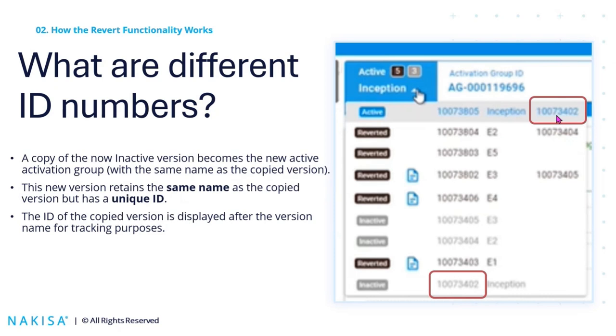So just to keep track, the name will remain the same, but the IDs will change. The ID is no longer 402, it's 805. It's something the user can keep in mind to track down and see which event they have come back to.